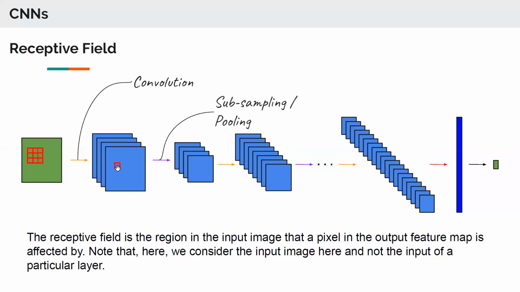For example, in the first convolutional layer, if you are using a 3x3 convolutional kernel, then this pixel is affected by a 3x3 region in the input image. So the receptive field at this point is 3x3.